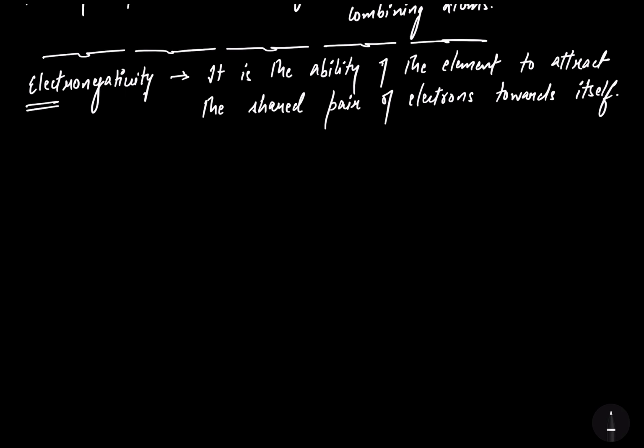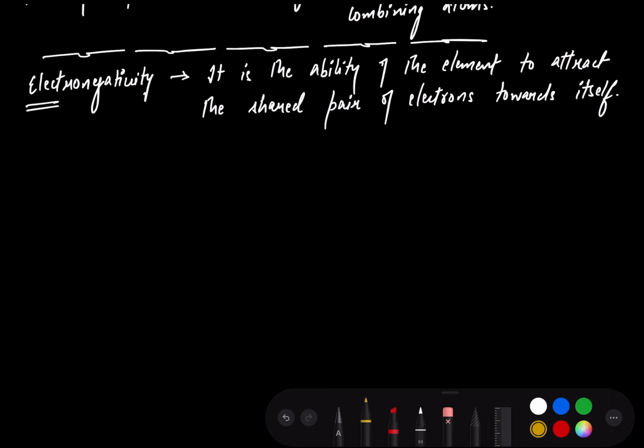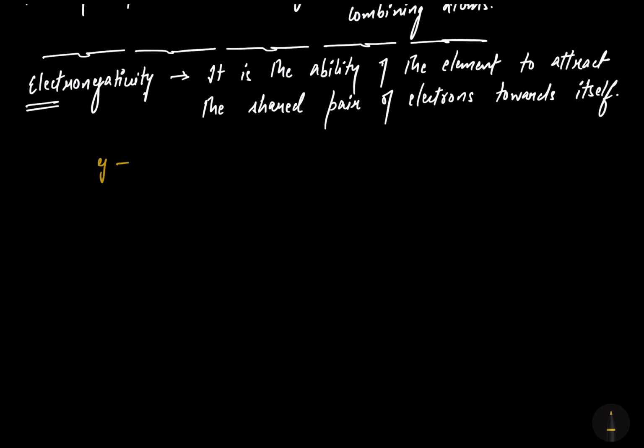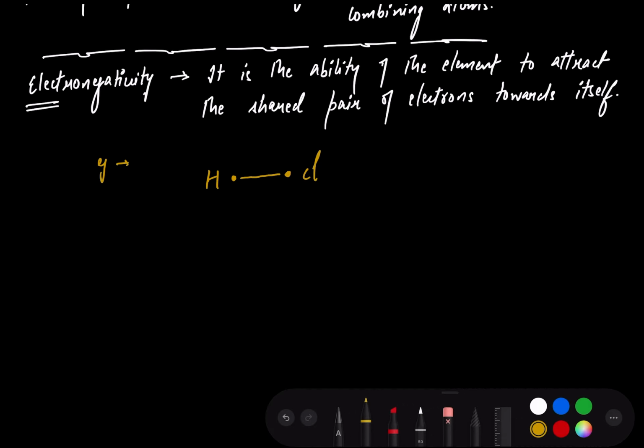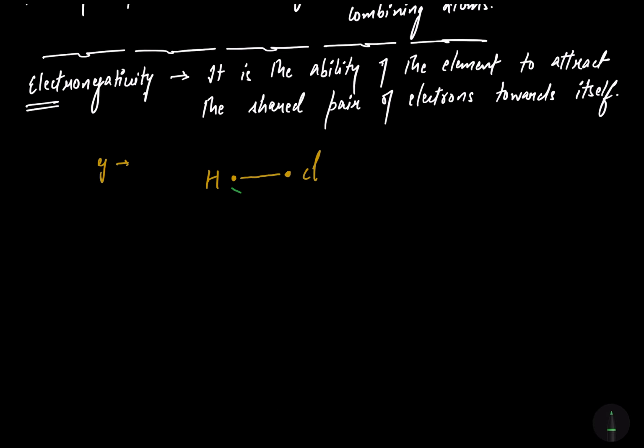That stands for electronegativity. Let's take an example of again hydrogen chloride. We have a hydrogen electron bonded with another electron of chlorine. In this case, the electronegativity of chlorine is much greater than hydrogen. That is, chlorine has higher ability to attract both electrons, that is the shared pair of electrons, towards itself.